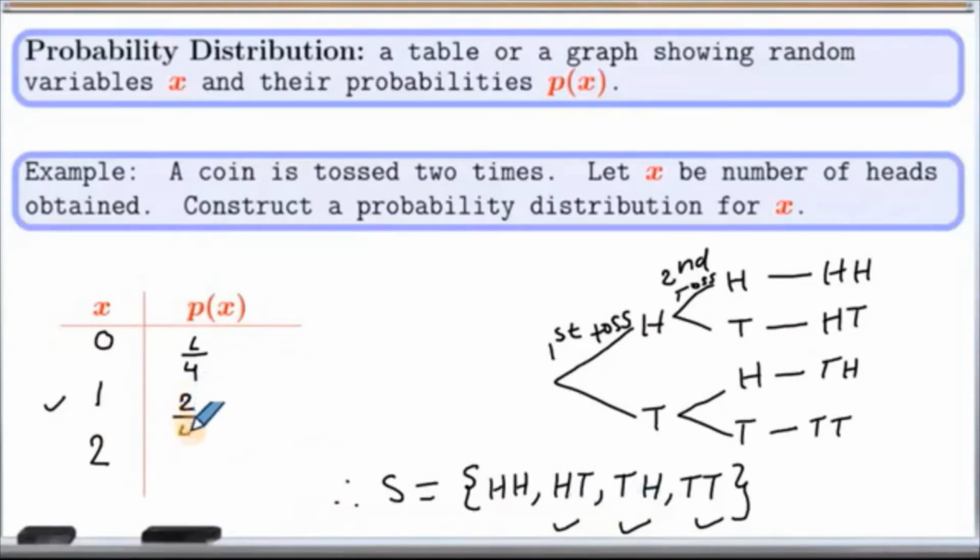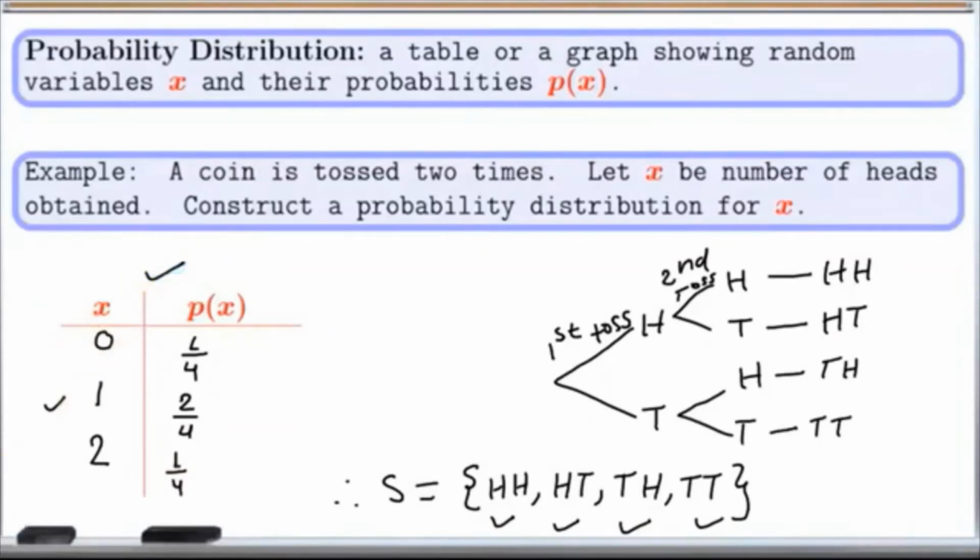Finally, when x is 2, we are looking at 2 heads. On the sample space, we consider the outcome head, head. So we have 1 out of 4. So this is the probability distribution for the number of heads.